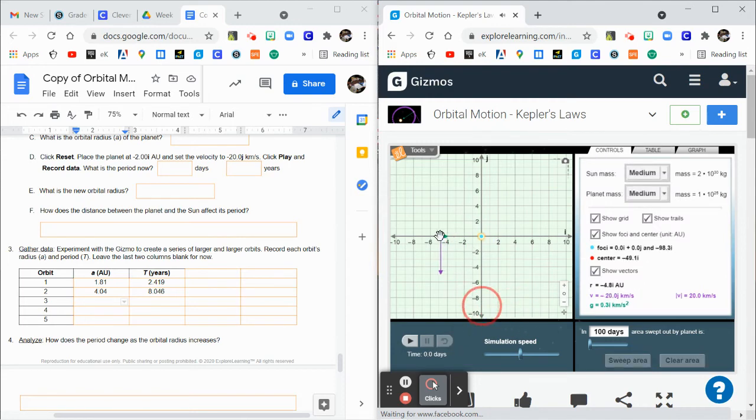Let's move our planet to 6. Close enough.